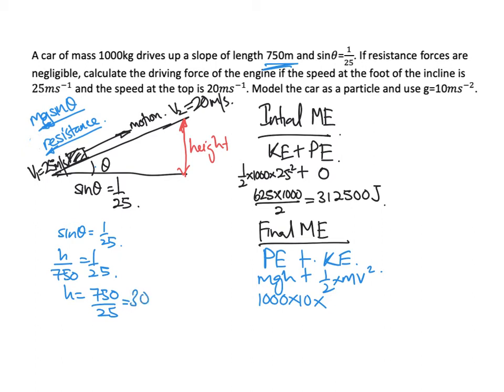So we times it by 30, and then plus half times m, which is 1000, times 20 squared.